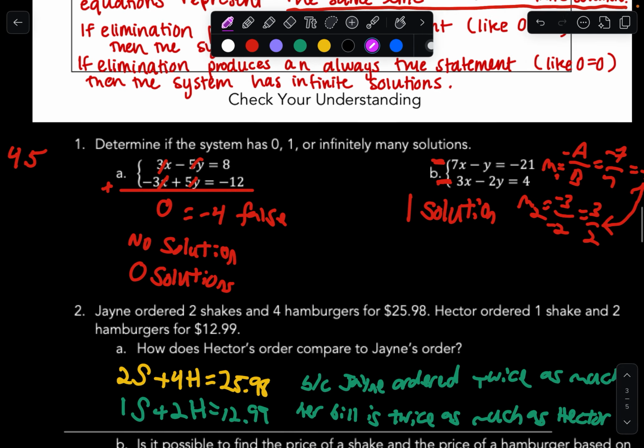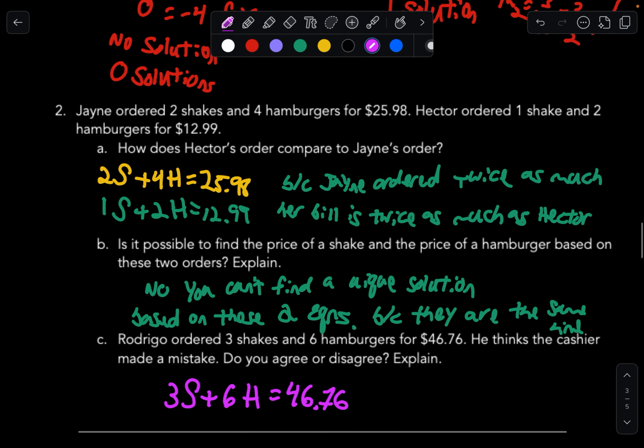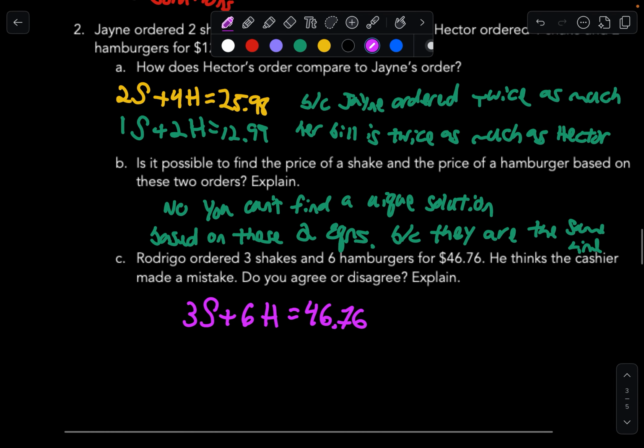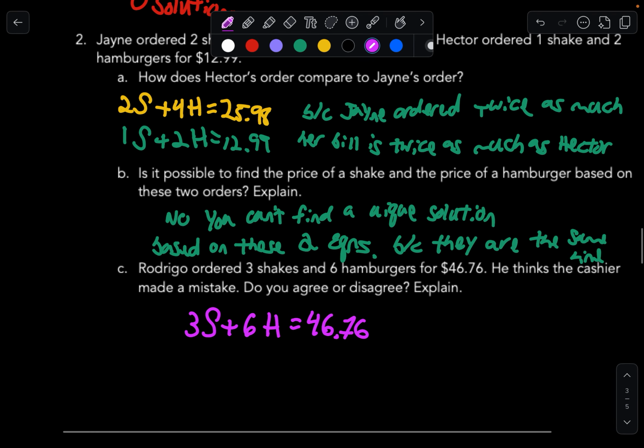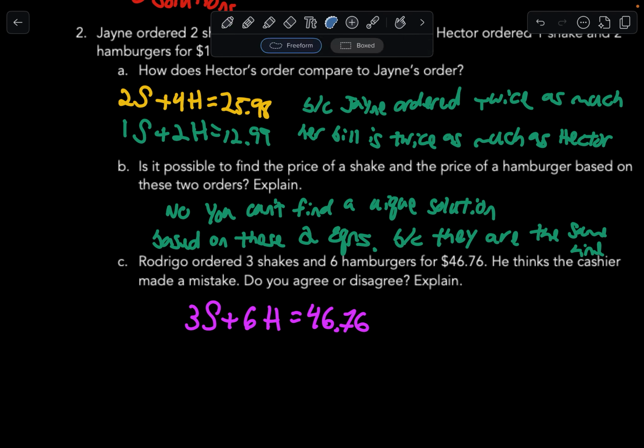Compare that to the green equation, this one.